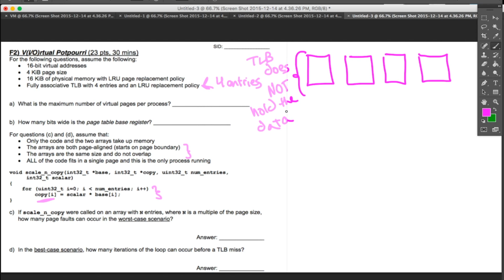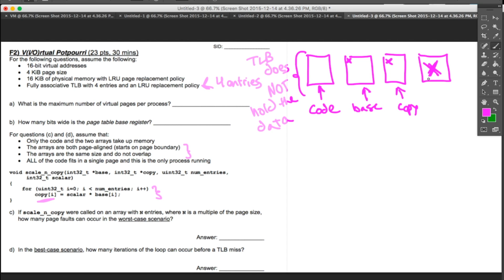So in our TLB, we have 4 TLB entries. We know that 1 has to be dedicated for code. And we know that both base and copy start on page boundaries. So one page is where base starts at the beginning, and then we have copy, which starts at the beginning of another page, and they don't overlap. Notice that there's one page that is essentially wasted.